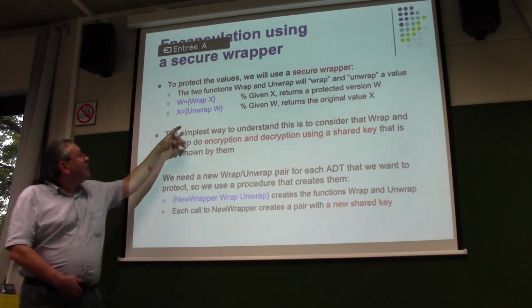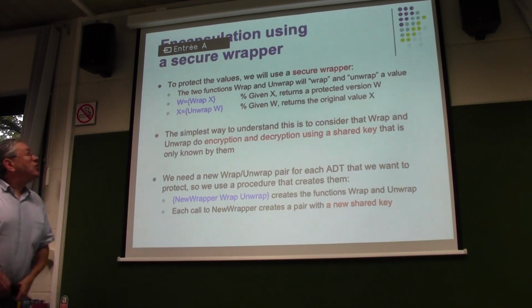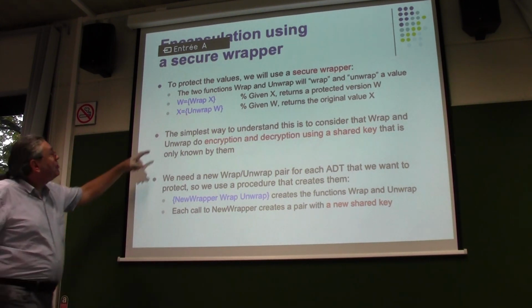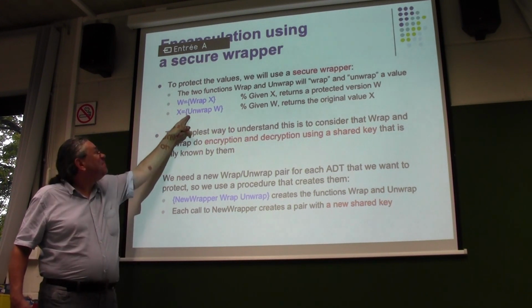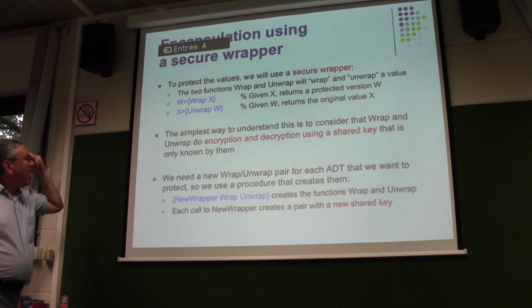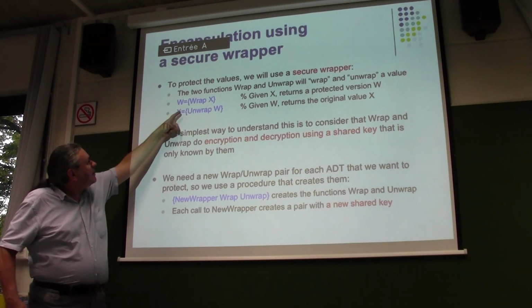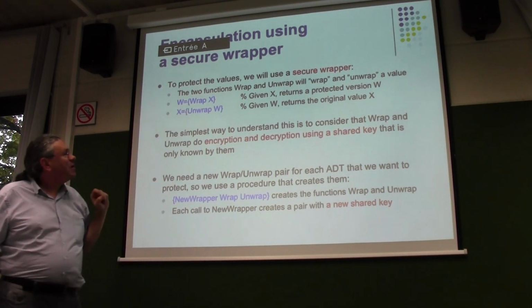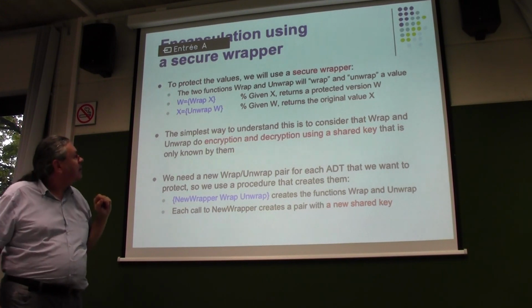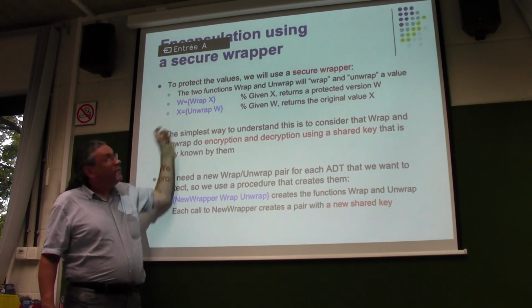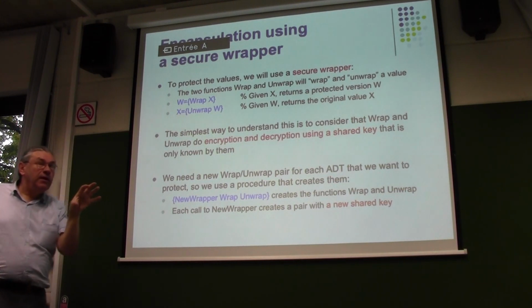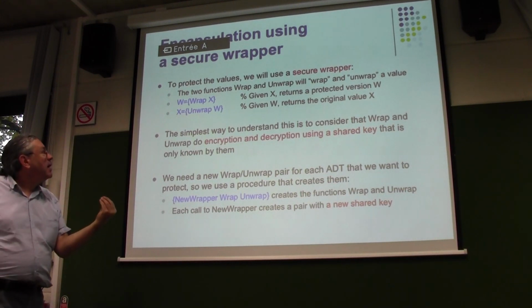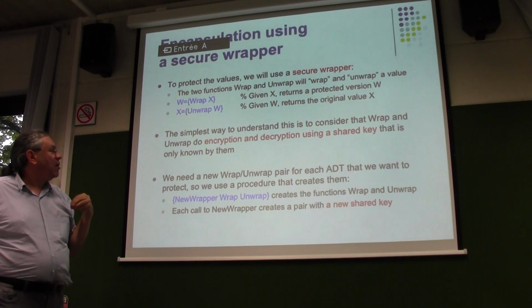And the idea is that only the implementation of the abstraction knows the functions, okay? The way to imagine this is that wrap and unwrap are doing encryption and decryption, and there's a shared key that is only known by these two functions. So internally, they have a key, and they're the only ones that know it, okay?